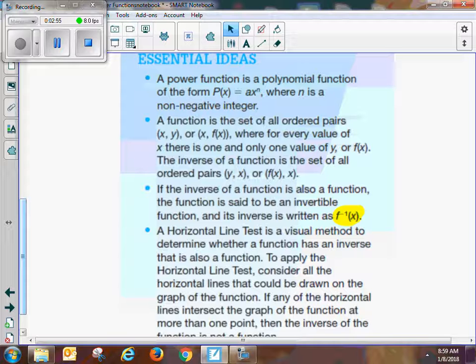Horizontal line test, like I said, is a relative of the vertical line test. So back in Algebra 1, to tell if something was a function, like your basic parabola. So here's my standard parabola. So a parabola that opens up or down, you know, is a function. Because if you dropped a vertical line, every x value would be unique.